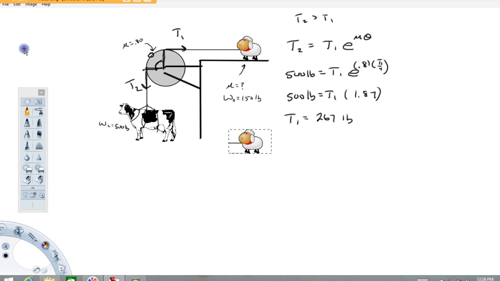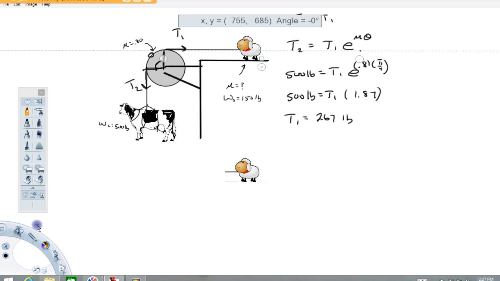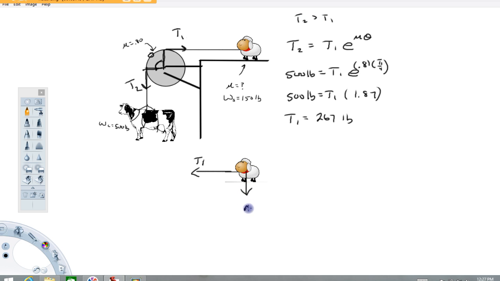Now the free body diagram of our sheep is going to have, and again, I'm still going to assume static, even though I see that's extremely unlikely, a tension 1 acting left, a gravitational force acting down, a normal force up. There are four normals basically, but I'm just going to lump them all together into one normal.